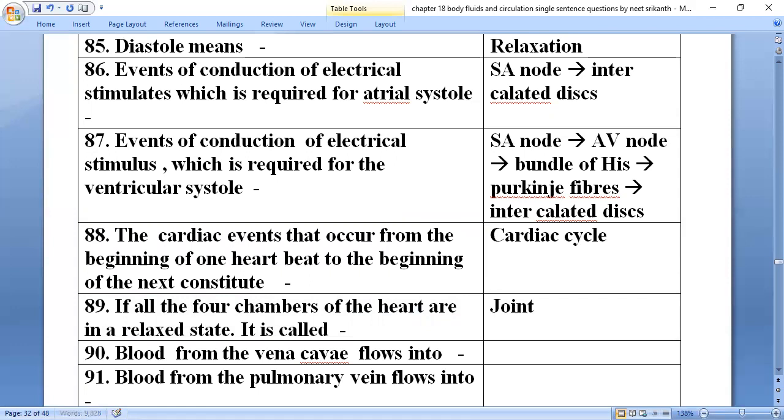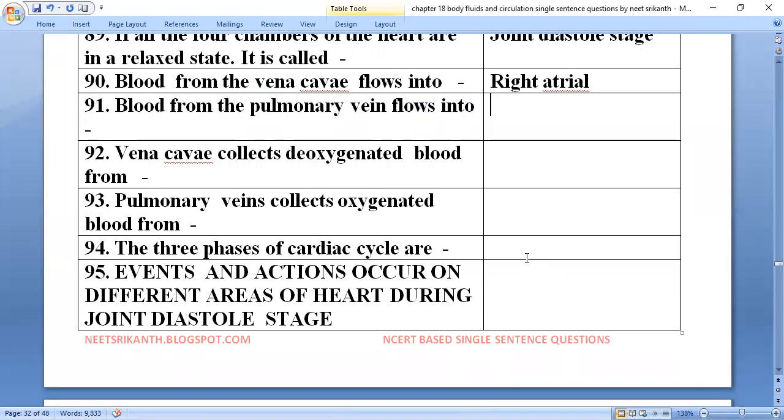Blood from the vena cava flows into the right atria. Blood from the pulmonary vein flows into the left atria. Vena cava collects deoxygenated blood from body parts. Pulmonary vein collects oxygenated blood from lungs.